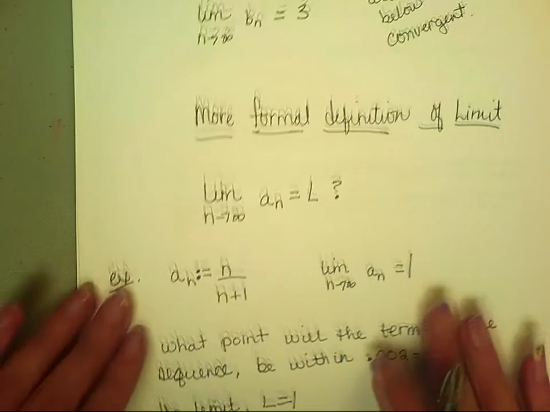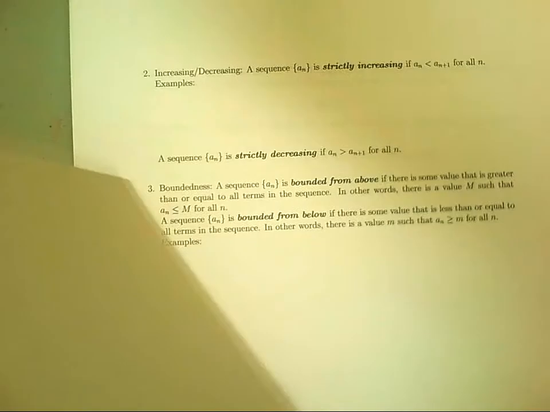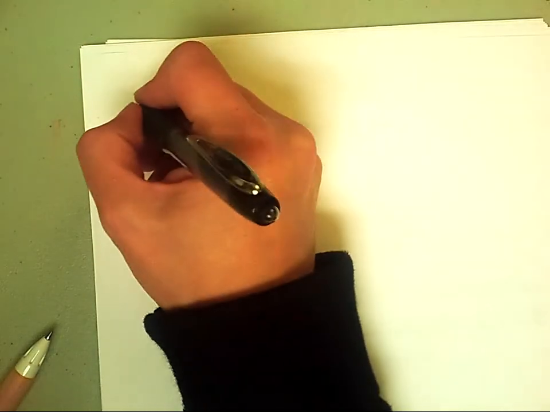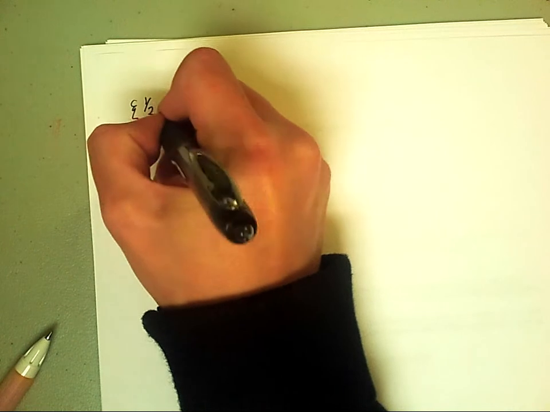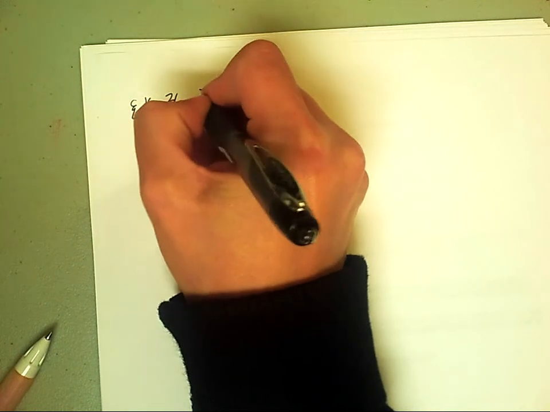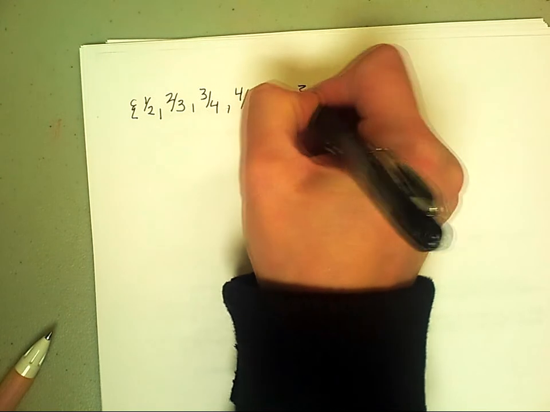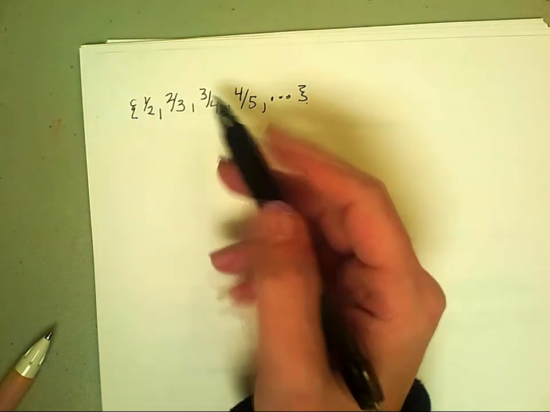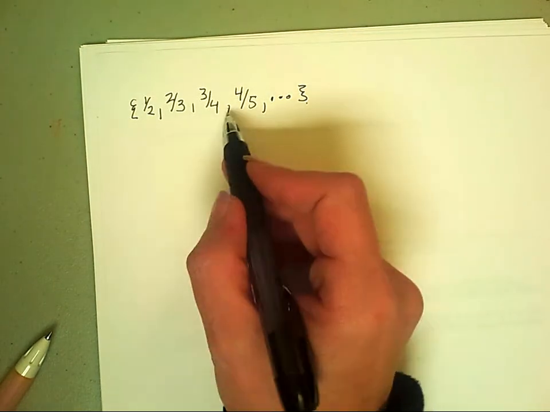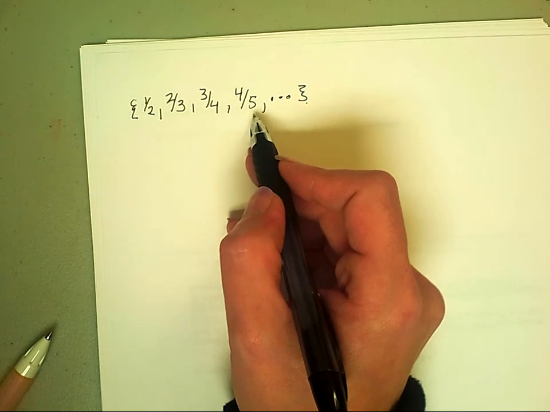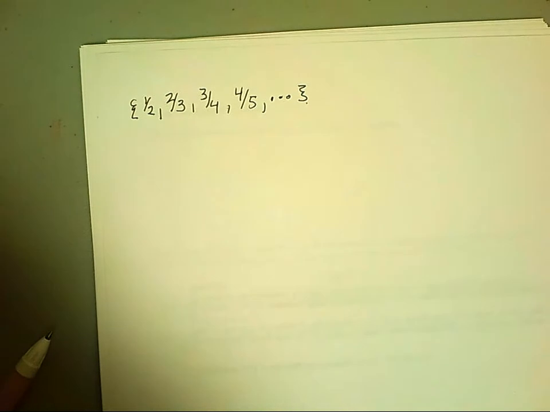Let's see if we can figure that out. So remember what the terms of our sequence look like. When we generate this, we get 1/2, 2/3, 3/4, 4/5, etc. Now, these terms are increasing, and they're getting closer to 1. So let's see what we get.